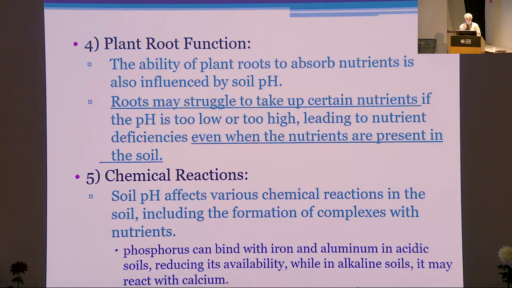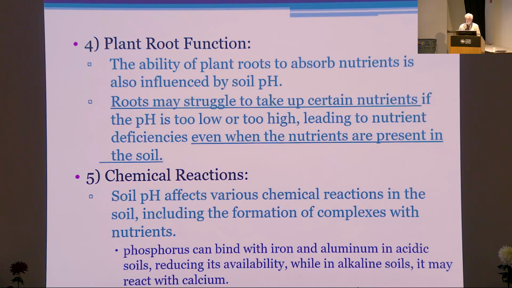Plant root function. Remember, the roots are releasing compounds that change the acidity that allow the dissociation of those minerals from the clay particles and allows the roots to absorb them. If the acidity changes and becomes too acidic or too basic, the root's ability to use that mechanism to absorb nutrients is interfered with.